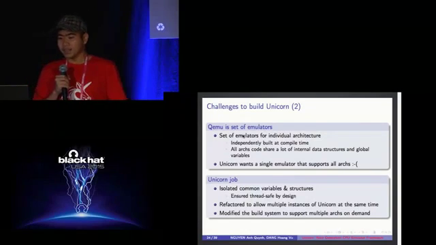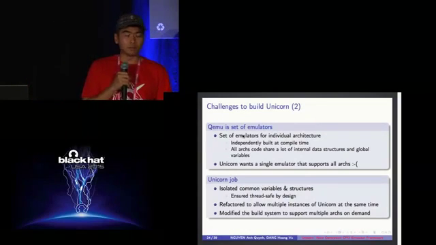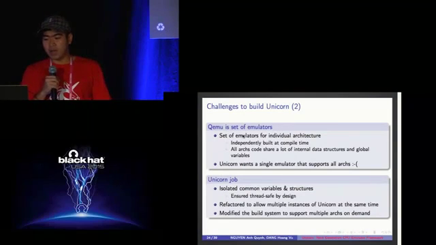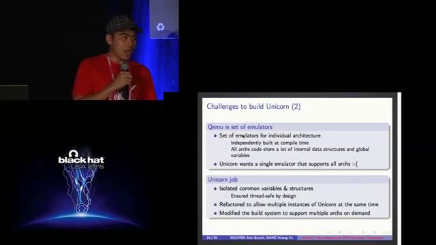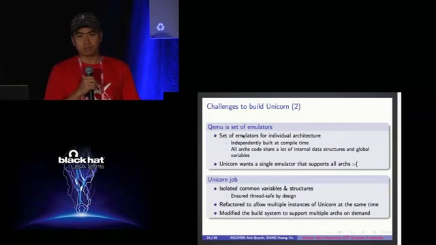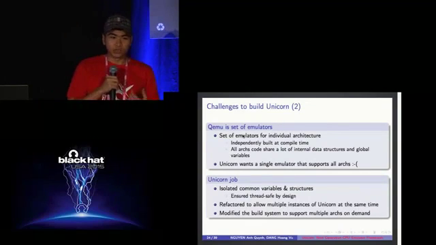So what we want is to have a single emulator API, a framework that can support all architectures. And we should allow the user to choose what architectures they want in their code. Just like Capstone, you just put in the makefile, I want x86 only, or you want just ARM only, or you want ARM and x86.